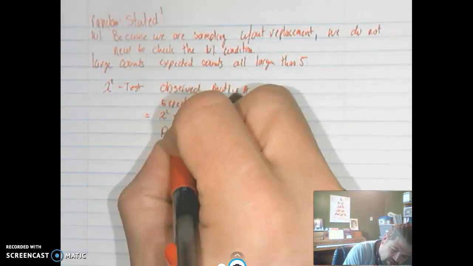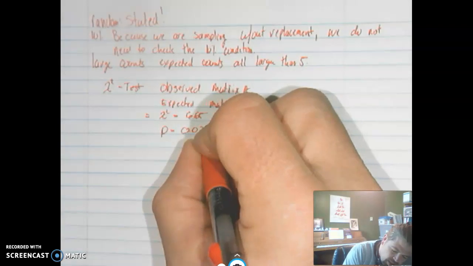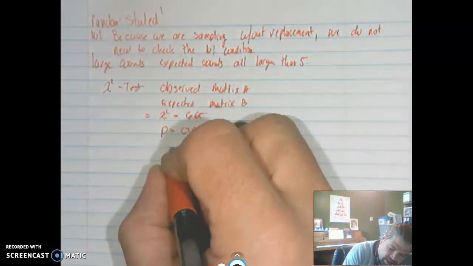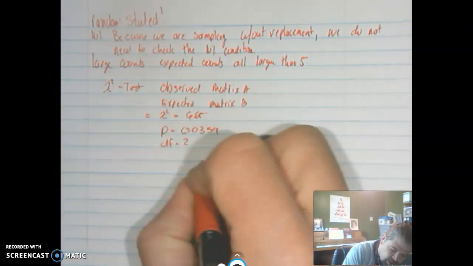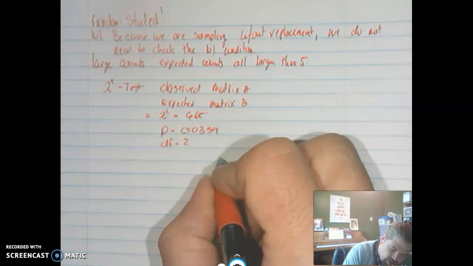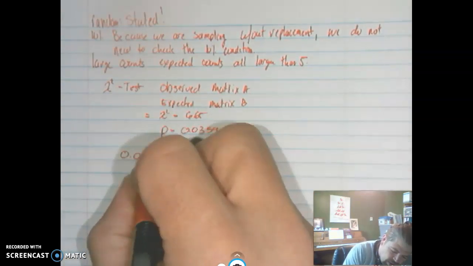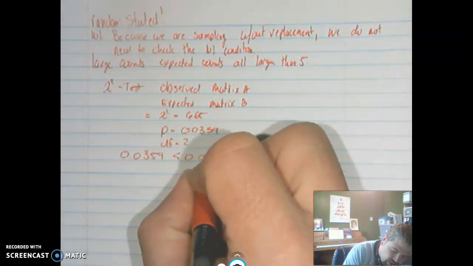We got a p-value of 0.0359. And then we got degrees of freedom equal to 2. So then I can come into here and write 0.0359, and I know that's less than 0.05.